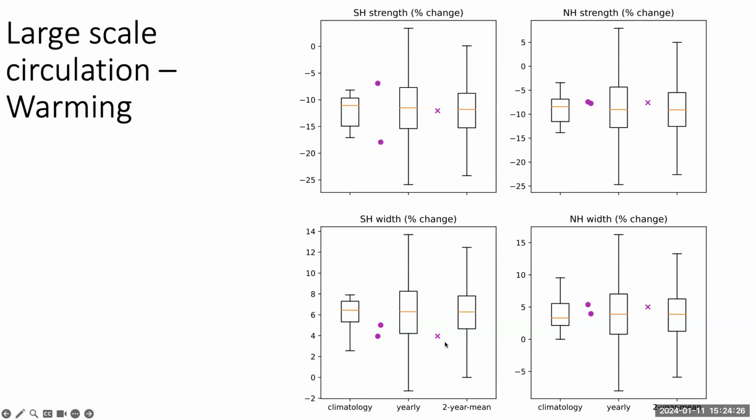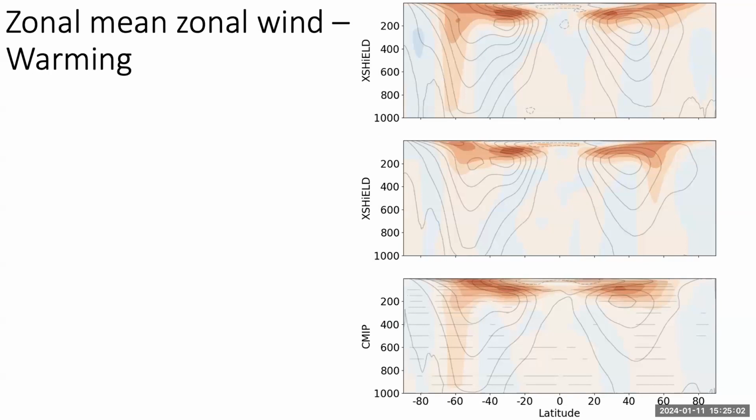In most cases, the X-SHiELD response is inside the interquartile range, but if you look at the southern hemisphere width changes, it seems that it's still within the spread, maybe in the lower widening range. But again, the big picture is that the Hadley cell changes in X-SHiELD are within the range of CMIP6 models.